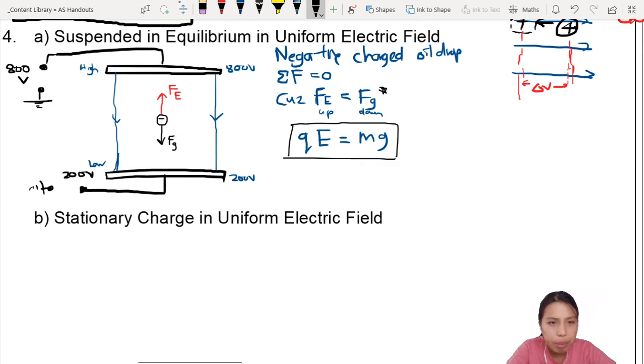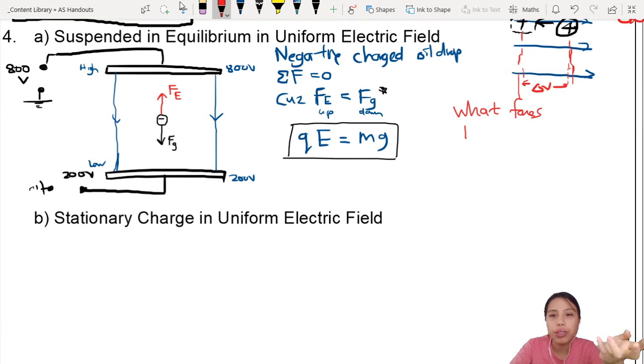Now, some of you may be wondering, Miss, what forces are actually acting on these particles in electric fields? Great question. Well, firstly, you have electric force, because if you're in an electric field and you're charged, then you will experience electric force. That's for sure.